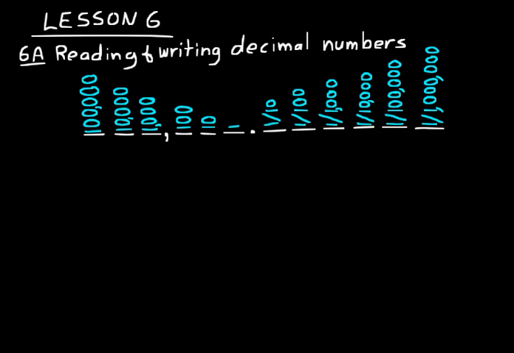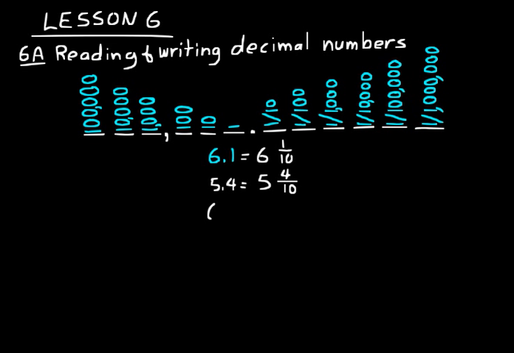Let's think about something else here. If we had 6.1, another way to write it would be 6 and 1/10. Or if we had 5.4, we could write that 5 and 4/10.